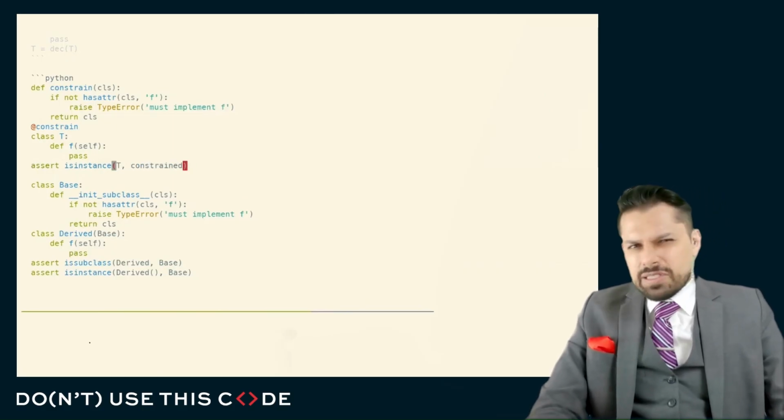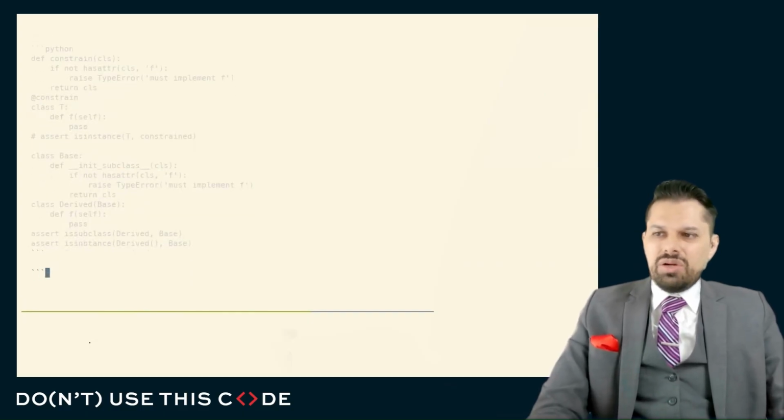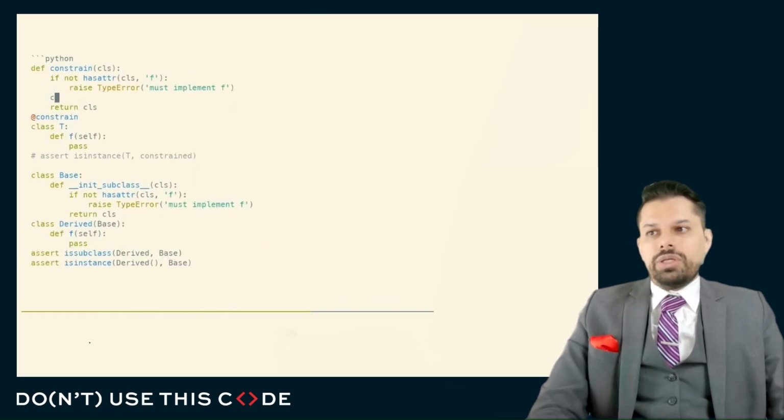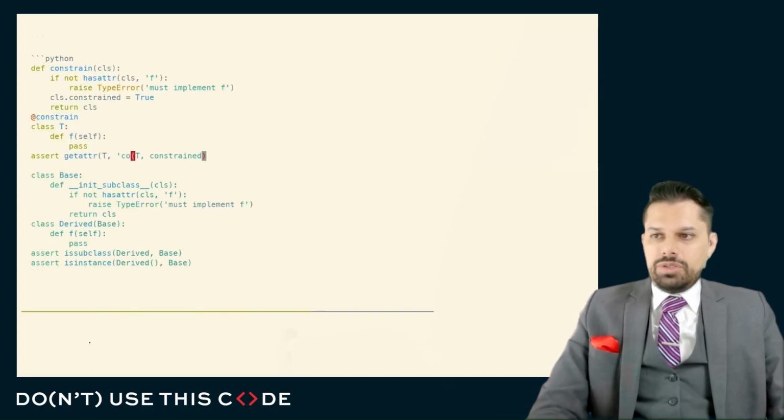Except the isInstance check is something that we can patch into quite readily. So nothing stops us, first, from doing the following. Like that. And then here, instead of doing isInstance, doing getattr of t constrained like this.